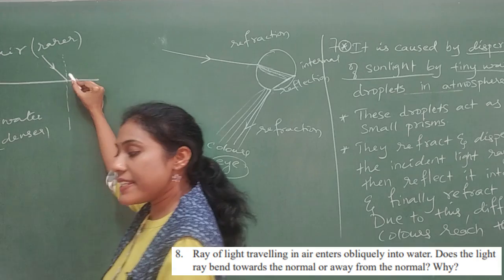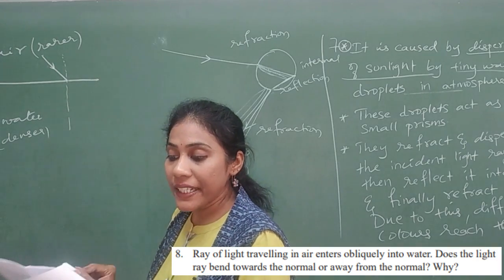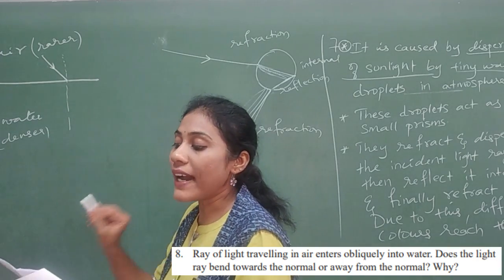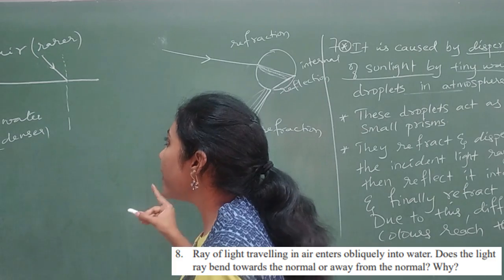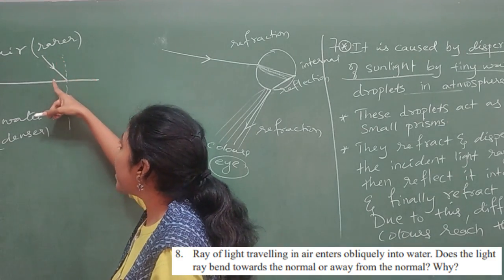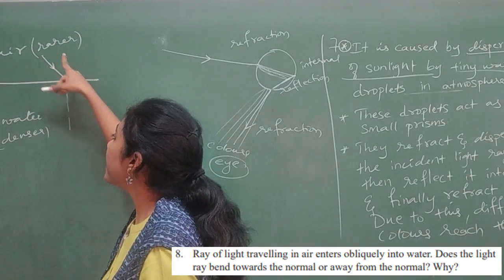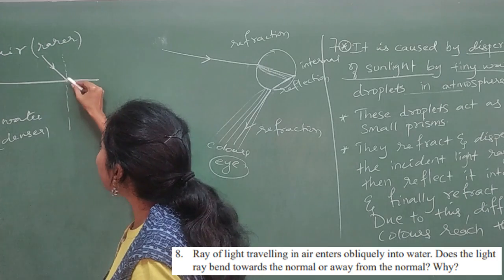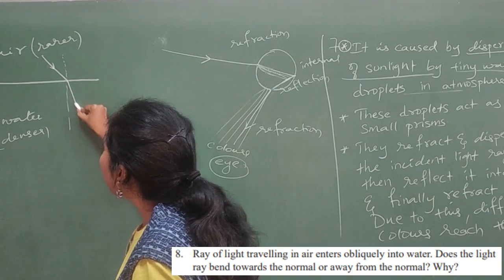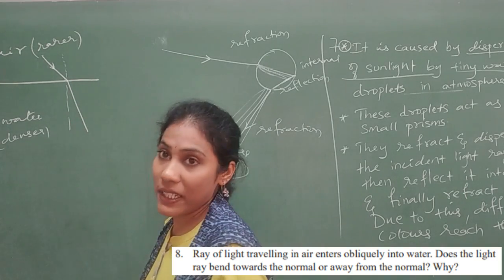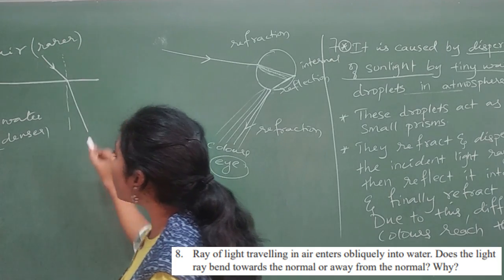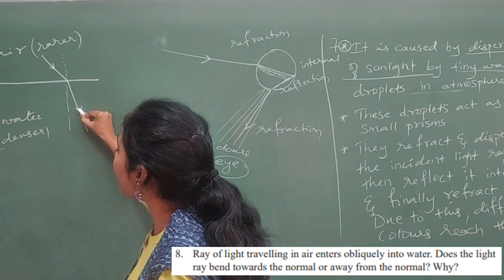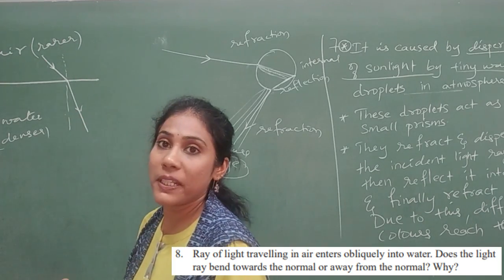What they are asking is, does the light ray bend towards the normal or away from the normal? Whenever a light ray is traveling from a rarer medium to a denser medium, the refracted ray will bend towards the normal.